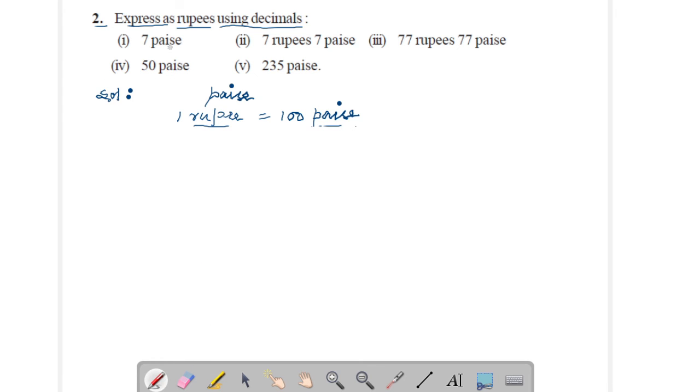Now come to third part. It is 77 rupees 77 paise.